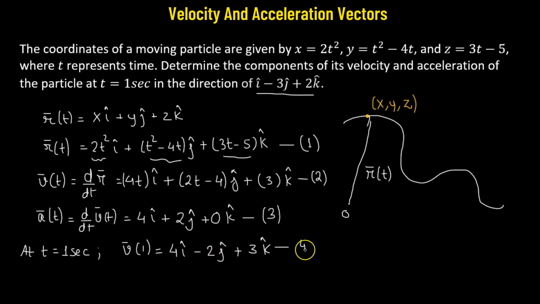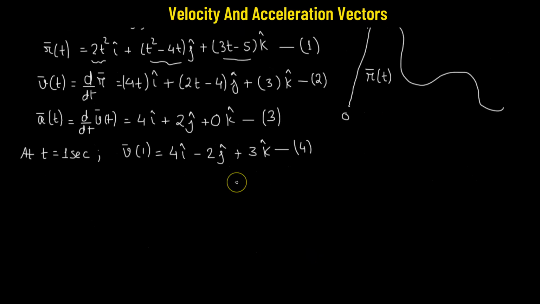So let's call it number 4. And now we determine the value of the acceleration vector at time t equals 1 second. That will be 4i cap plus 2j cap. So this is number 5.